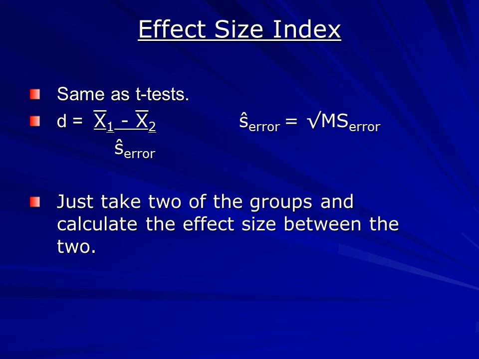I wouldn't expect you to calculate an effect size between A and B because it's the same. I would expect you to calculate an effect size for B versus C and B versus A, I'm sorry, A versus C, because that's where we found significant differences. So calculate effect sizes only for significant differences between averages.